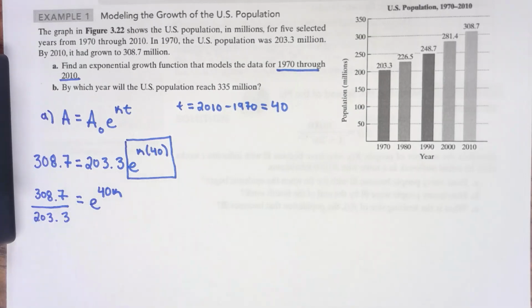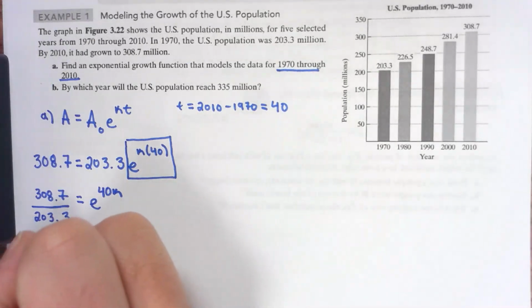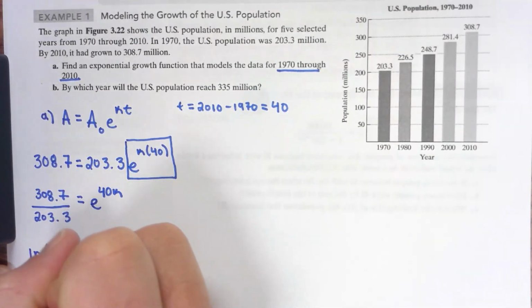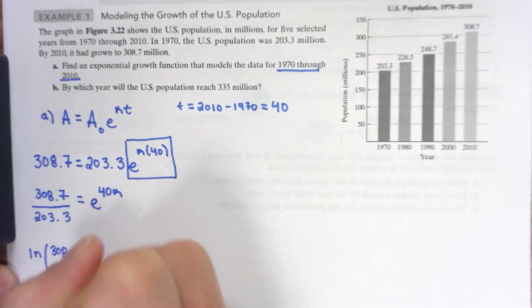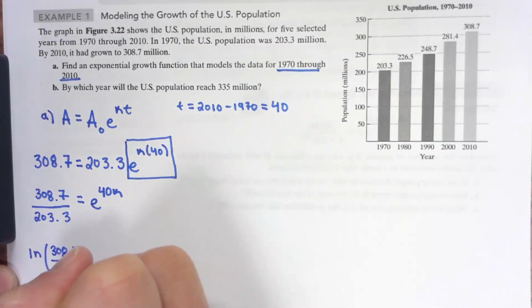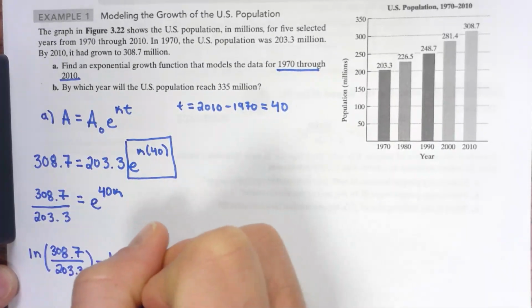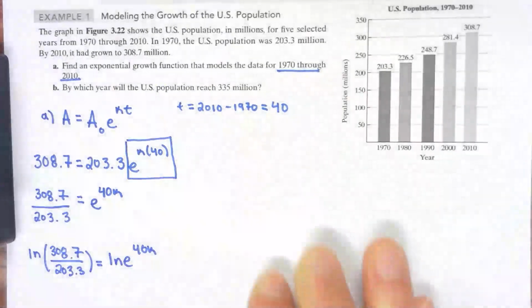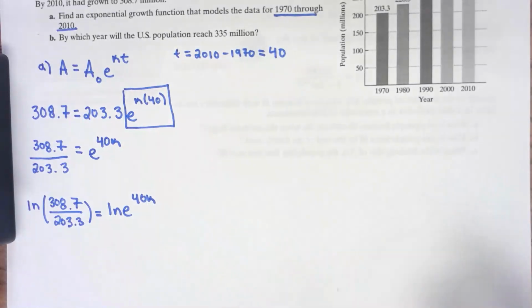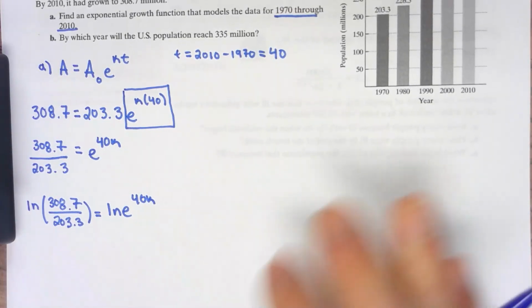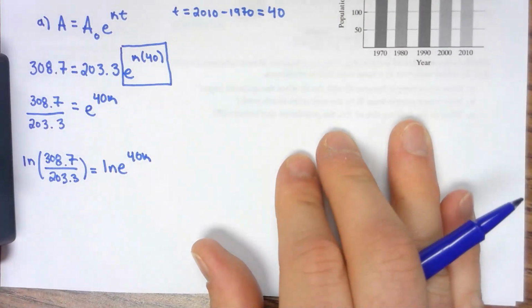So since we're dealing with e, again, probably best that we do natural log. So I'm going to take the natural log of both sides. And then natural log of e to the 40k. So I'll go ahead and show all the steps here.